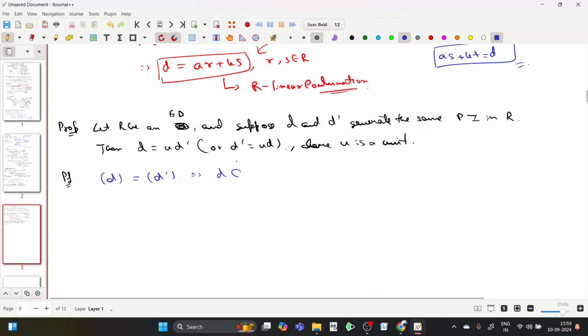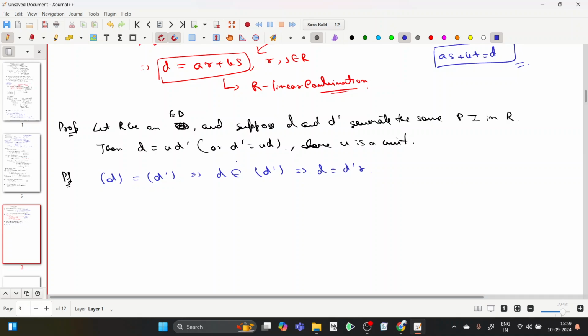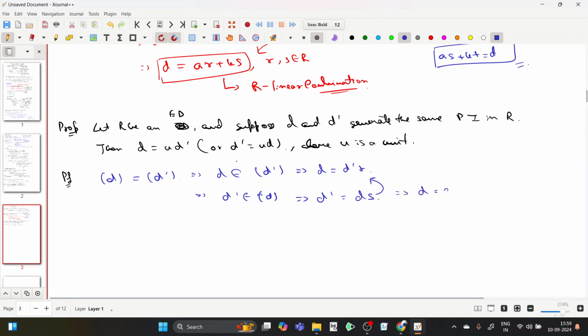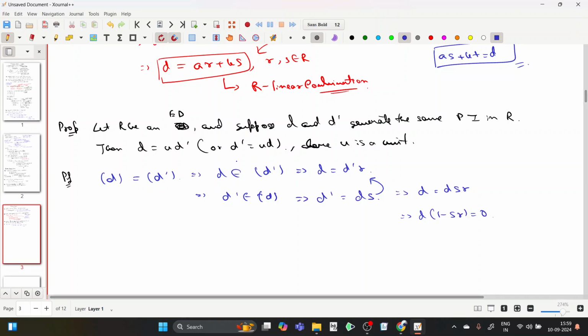This implies that D is contained in the ideal generated by D dash, which implies I can write D as D dash times R. On the other hand, D dash is contained in the ideal generated by D, which implies I can write D dash as D times S. So if I put this here, I get D equals DSR, which implies D times (1 minus SR) equals 0. Now this is an integral domain, since it's a Euclidean domain. So either D is 0 or 1 minus SR is 0.